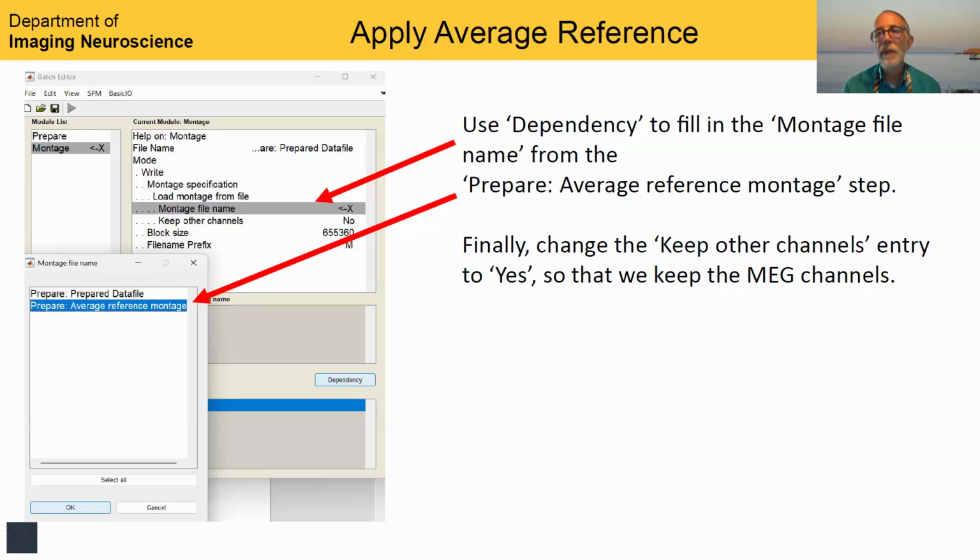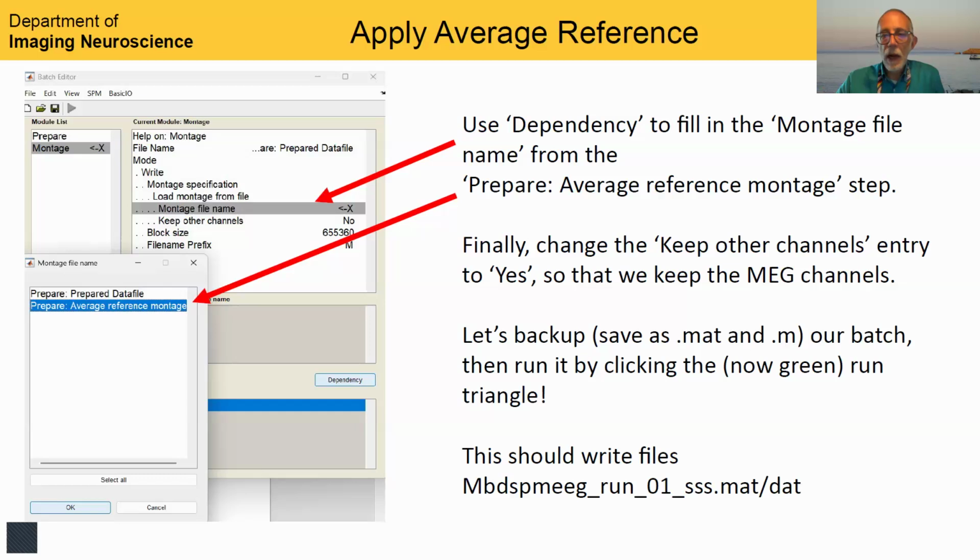And this is because we have applied the average reference montage to the EEG channels, and we do want to keep our MEG channels that we have not applied that.